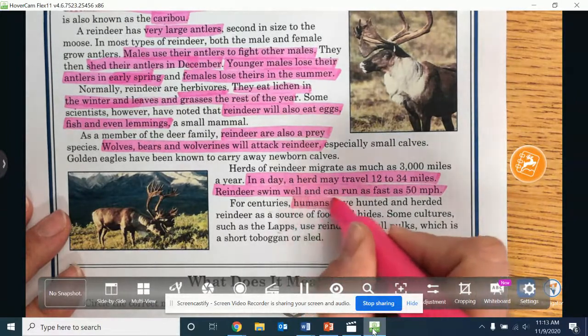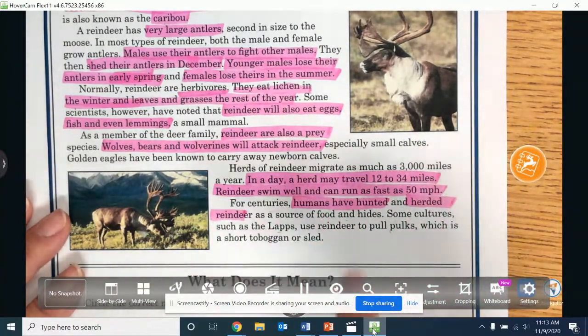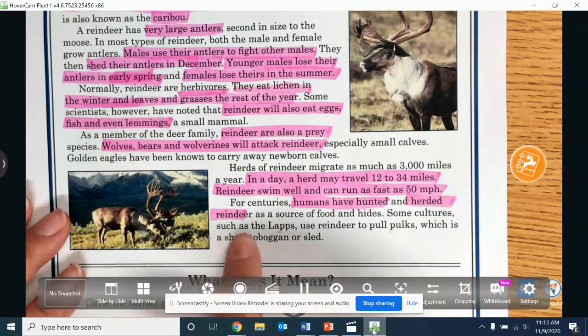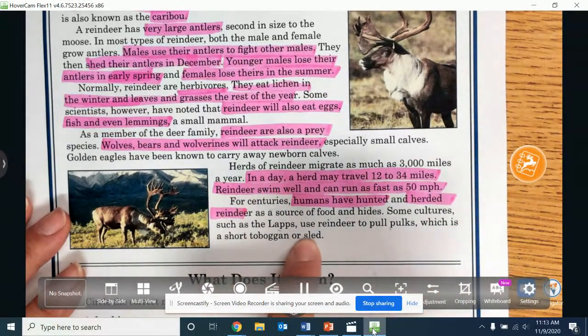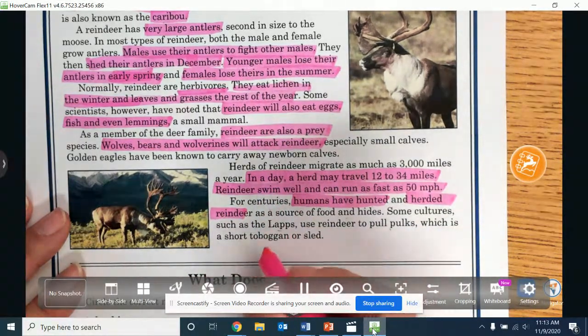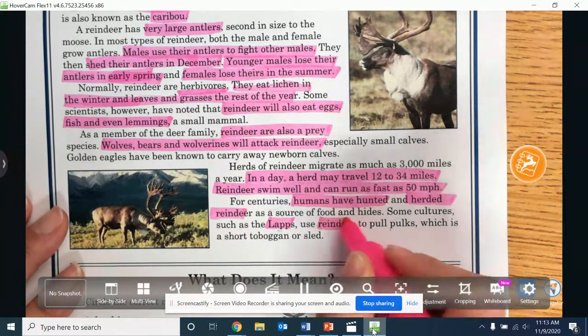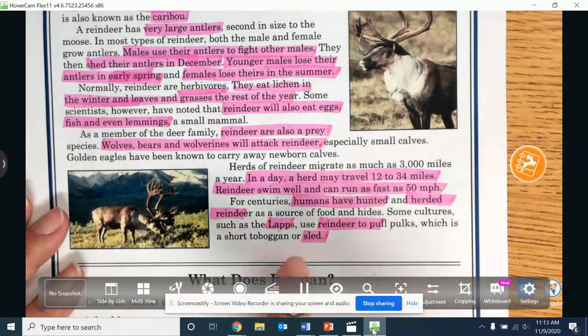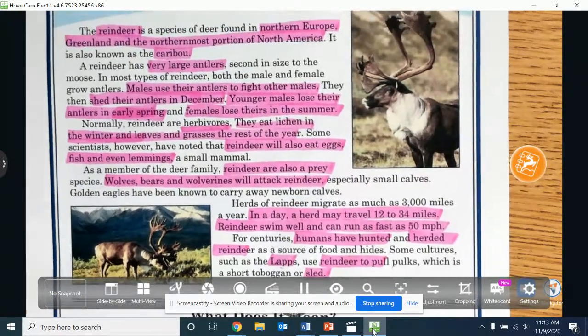Some humans hunt them and some herd them. Some cultures, such as the Lapps, use reindeer to pull pulks, which is a short toboggan or sled. So this culture, the Lapps, they use the reindeer to pull sleds or toboggans. Same meaning.